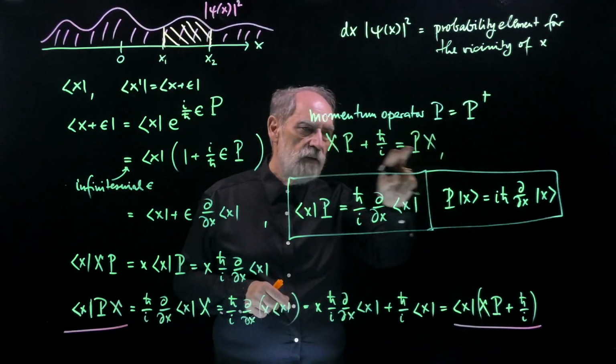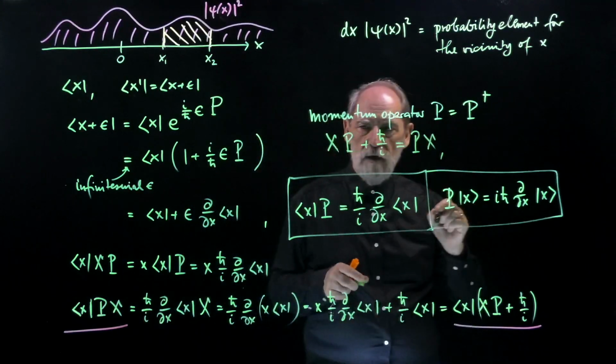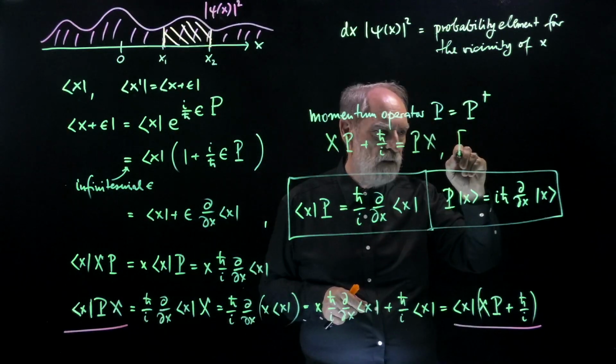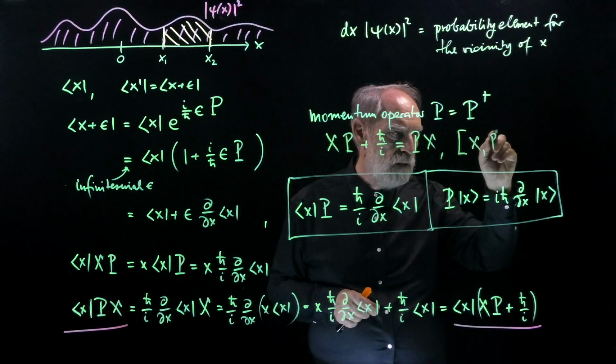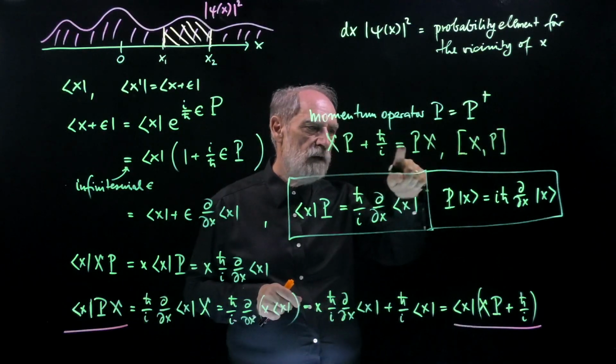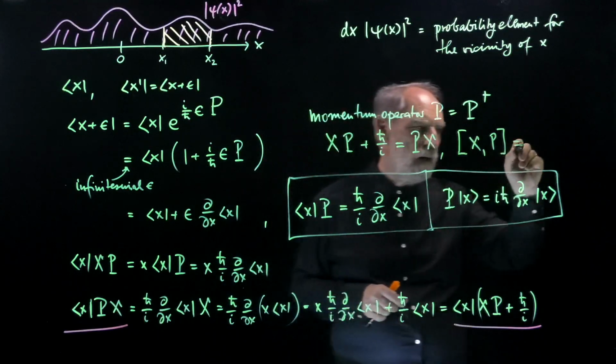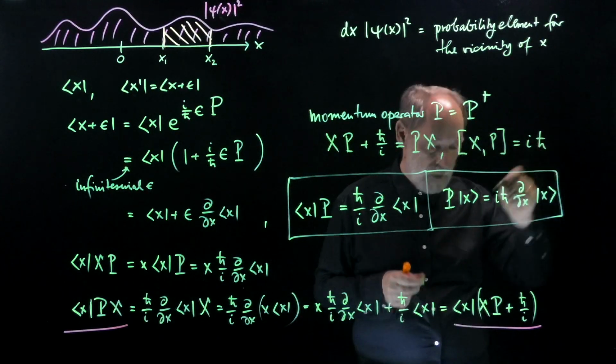Now if I bring this over to the other side, then we have xp minus px. Well, that's the commutator of x and p. I bring this over to the other side, and this will be negative h bar divided by i, or i times h bar.